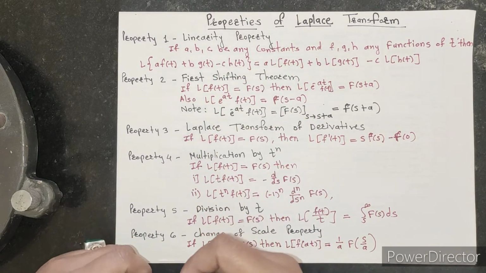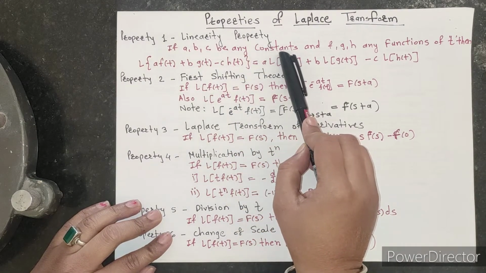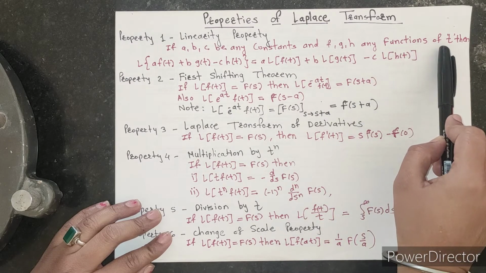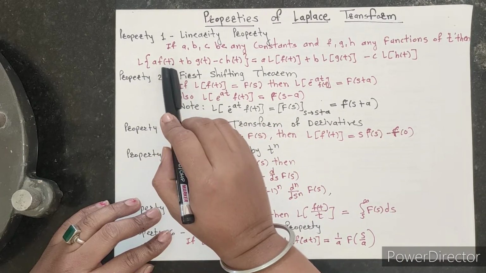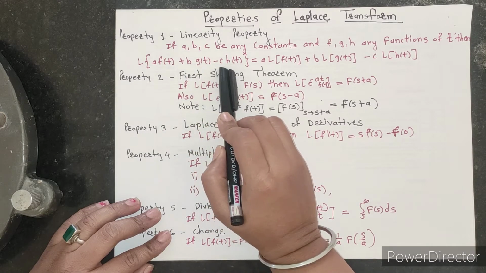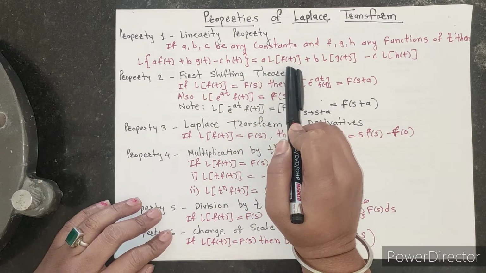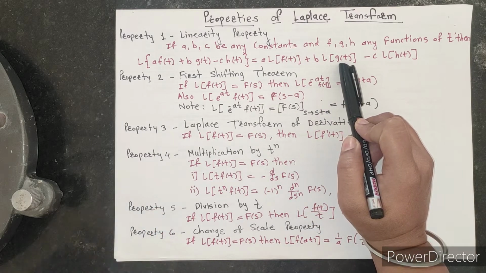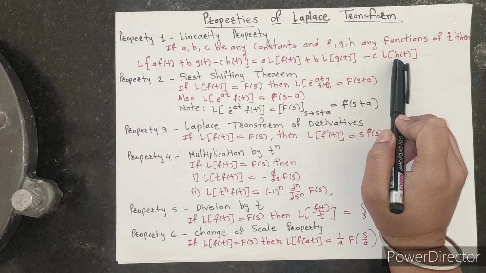The linearity property says that if A, B, C be any constants and f, g, h any functions of t, then Laplace transform of A f(t) plus B g(t) minus C h(t) is equal to A times Laplace transform of f(t) plus B times Laplace transform of g(t) minus C times Laplace transform of h(t).